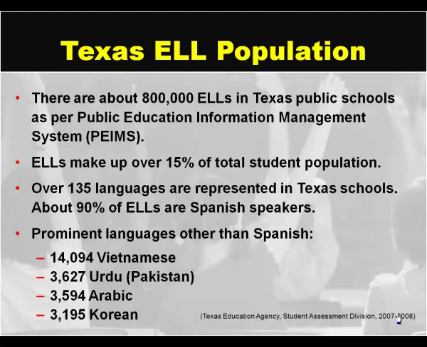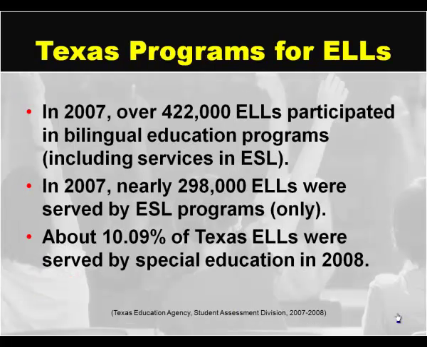Prominent languages other than Spanish: Vietnamese, Urdu, Arabic, and Korean. Here are more statistics for Texas ELL programs. In 2007, over 422,000 ELLs participated in bilingual education programs, including services in ESL.